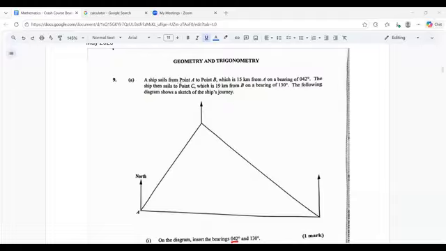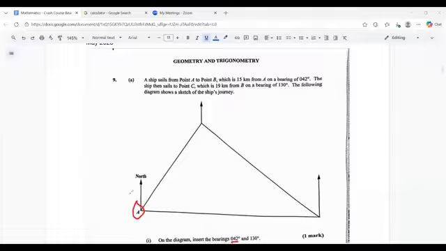Again, they said a ship sails from point A to B, which is 15 kilometers from A on a bearing of 045 degrees from A. So where A is, there are two bearings.